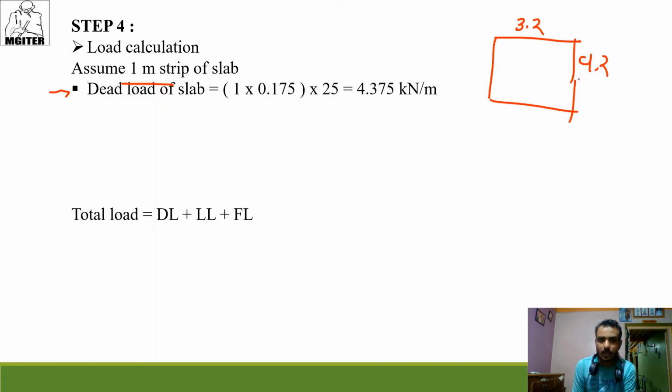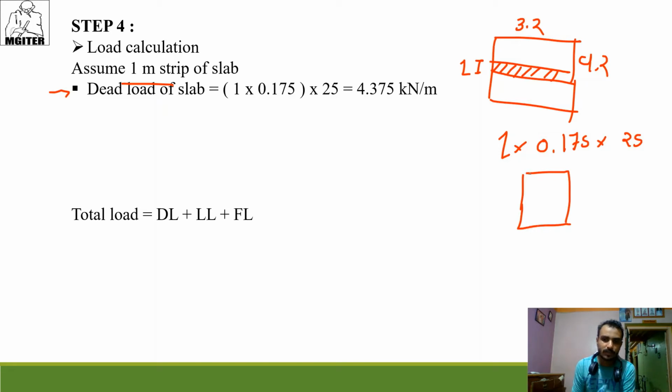We assume a 1 meter strip, this strip, and find the load on this strip. So 1 meter strip into depth 0.175, into density 25. How does this get calculated?